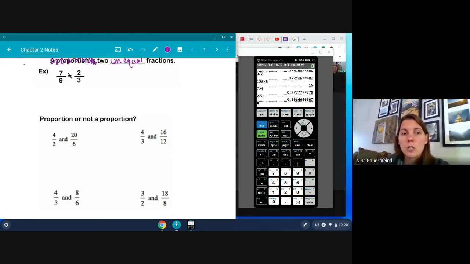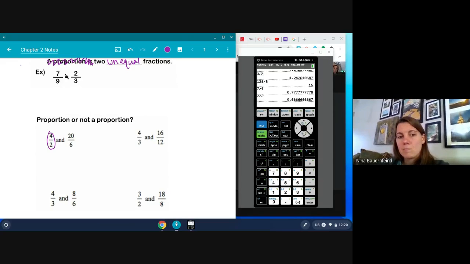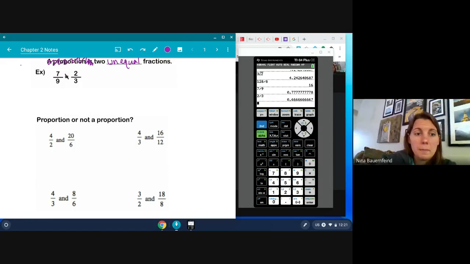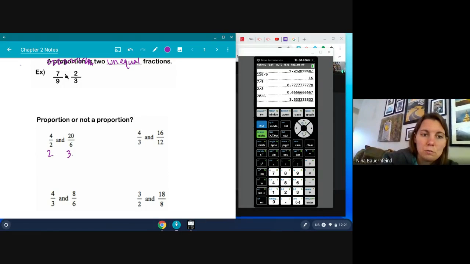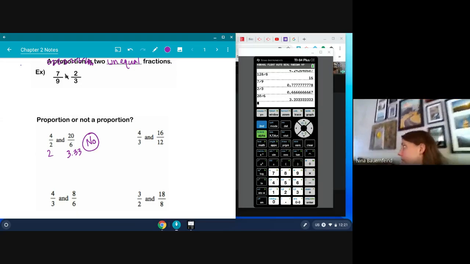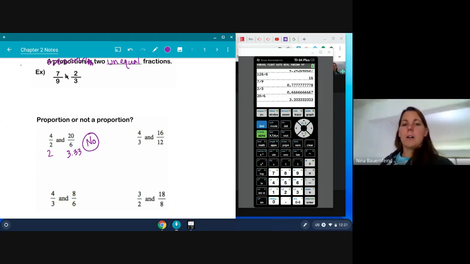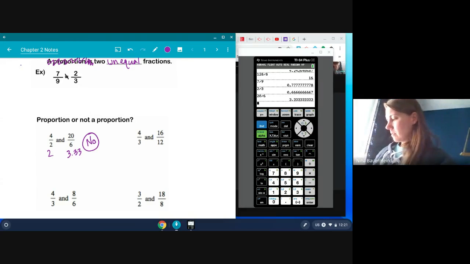So down here, there's two ways you can check if something is a proportion. So first, what is 4 divided by 2? Isn't it 2? Yep. And then 20 divided by 6. Ooh, that's not 2. So this is no. This is not a proportion. The next one, 4 over 3.